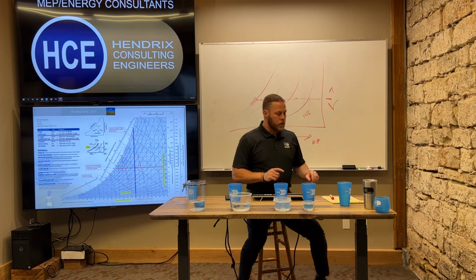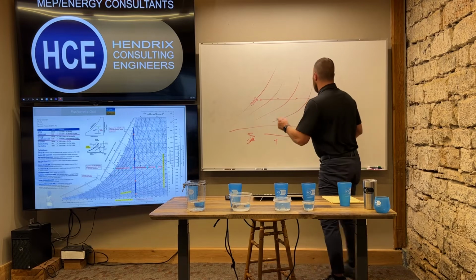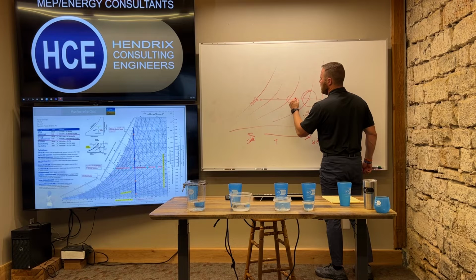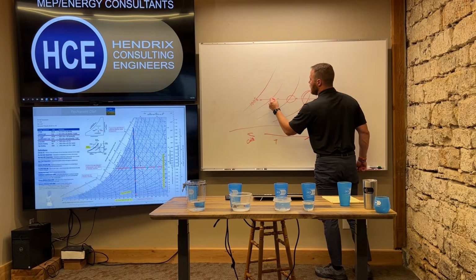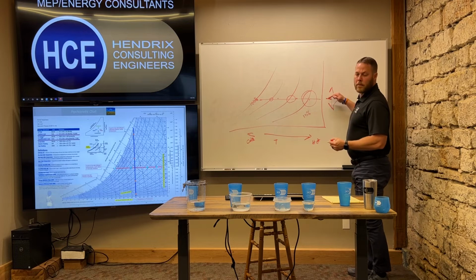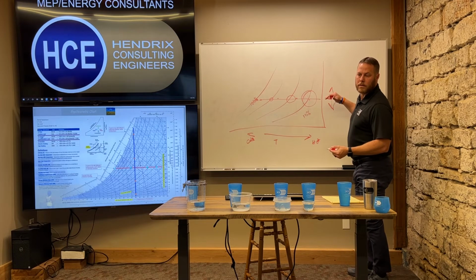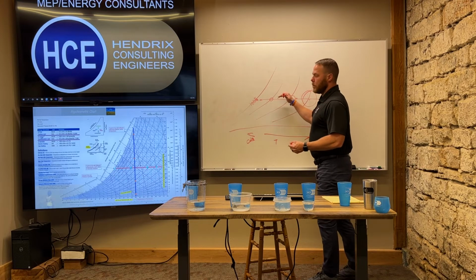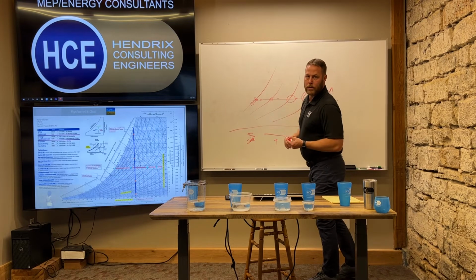So what you should notice here is big bucket, smaller bucket, smaller bucket, smallest bucket. All the exact same amount of water, in this case probably about 8 ounces. And so the colder we get with the same amount of water, the higher the relative humidity.